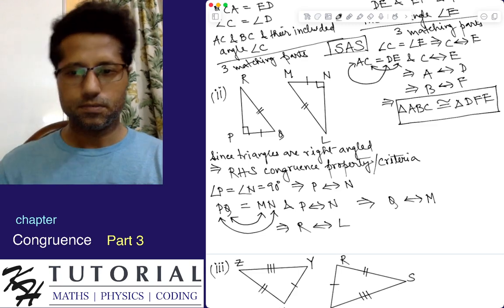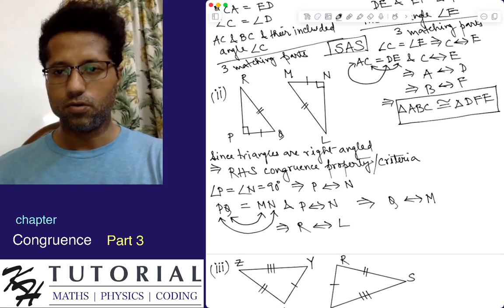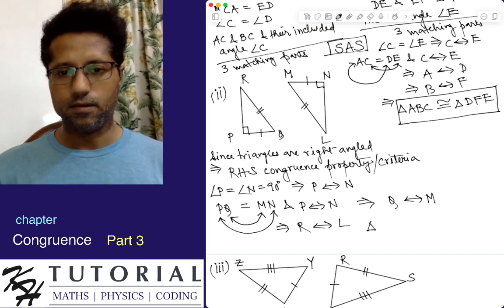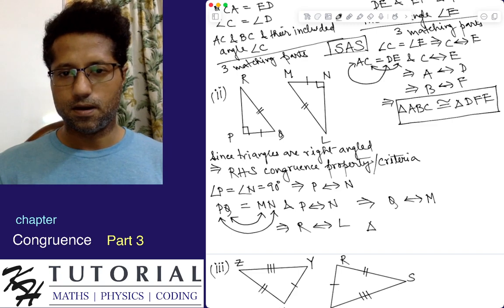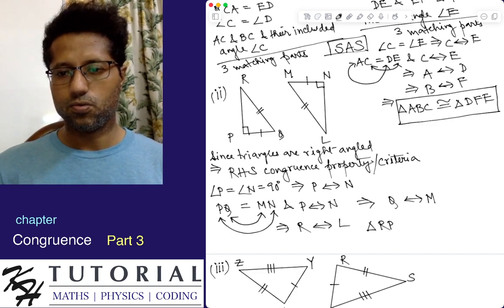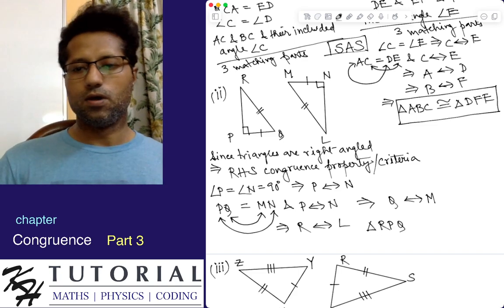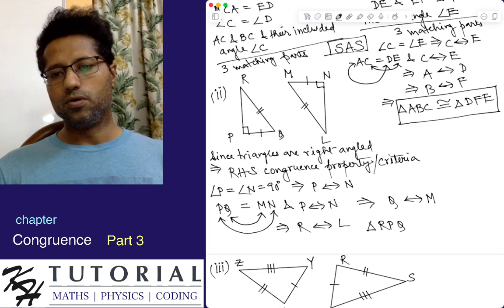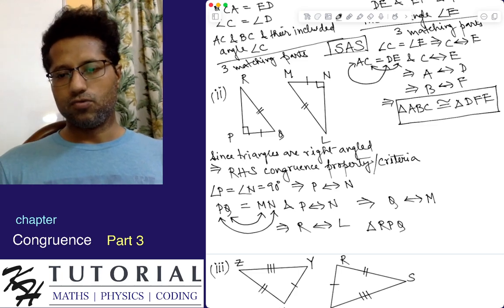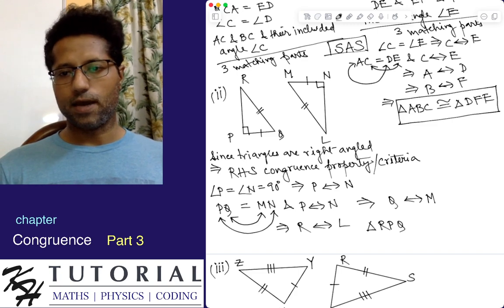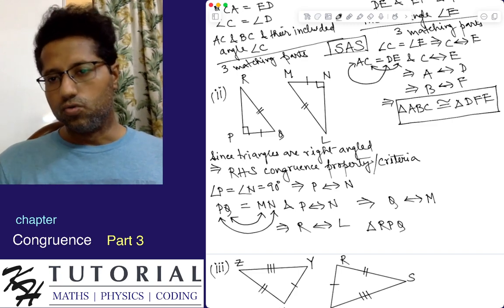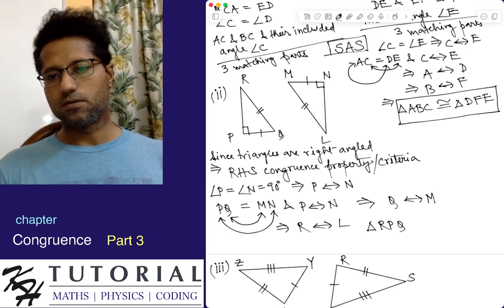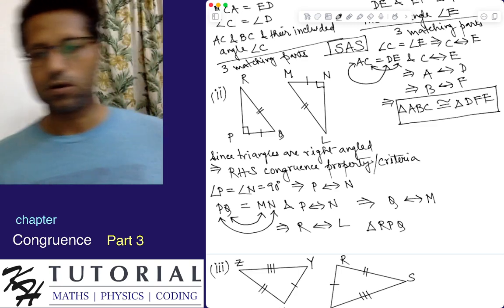Therefore, the congruence relation or the congruence name is triangle, let's say RPQ. It doesn't matter in the congruence relation how you name a triangle. You can name a triangle in any way you like, but you have to name the other triangle to maintain the correct correspondence.